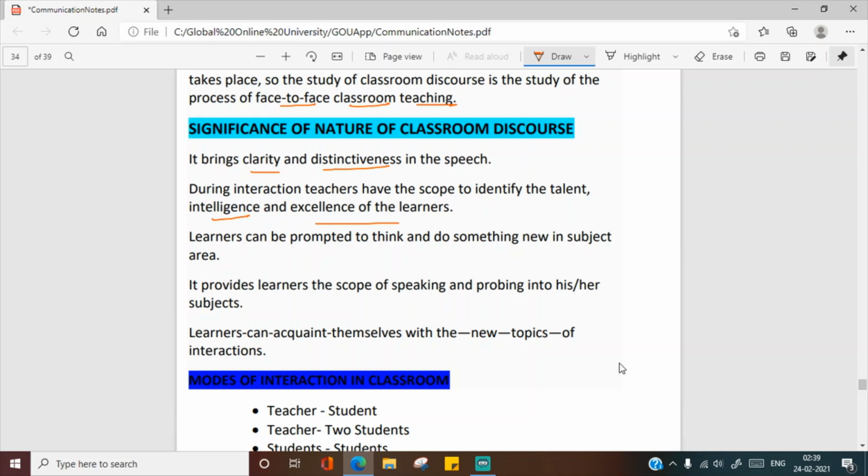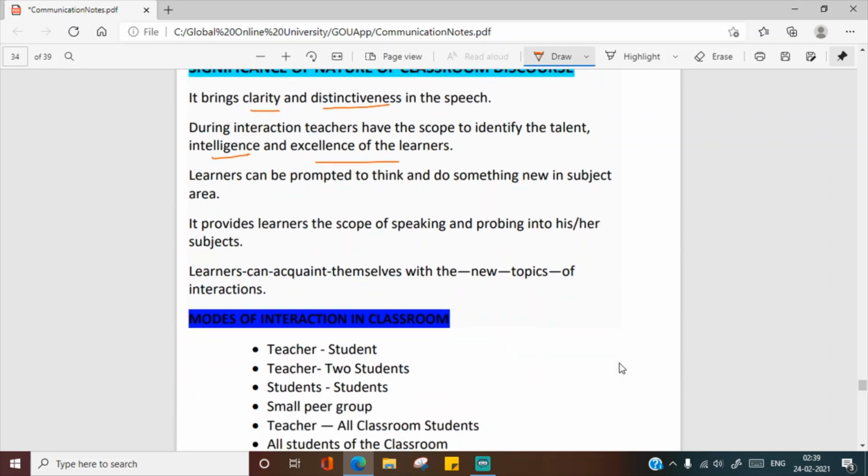So discourse, when the teacher tells, this helps encourage learners to do things promptly. It also provides learners scope of speaking and probing into his or her subjects. Learners can acquaint themselves with new topics of interaction. So this is the significance of classroom discourse.